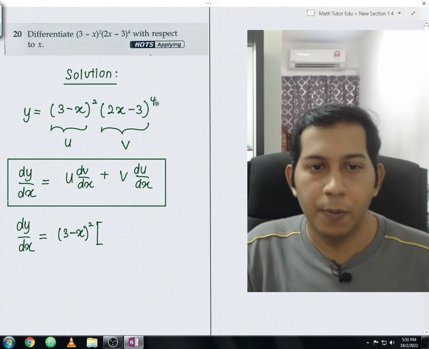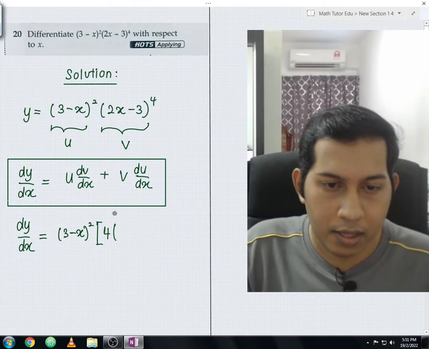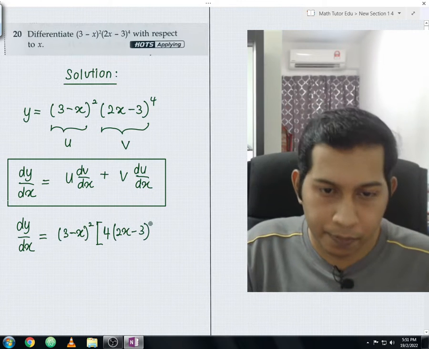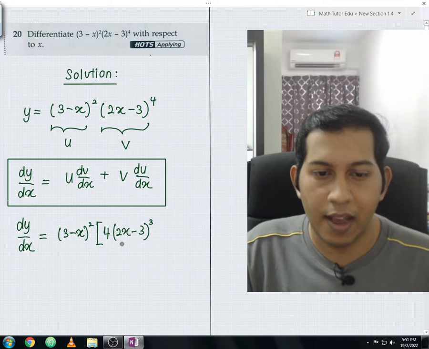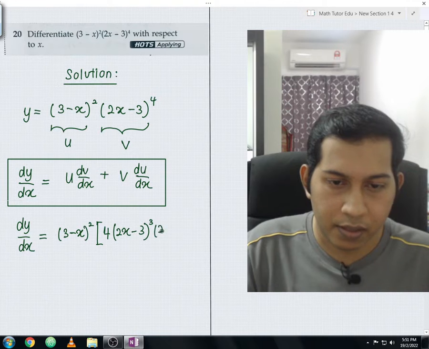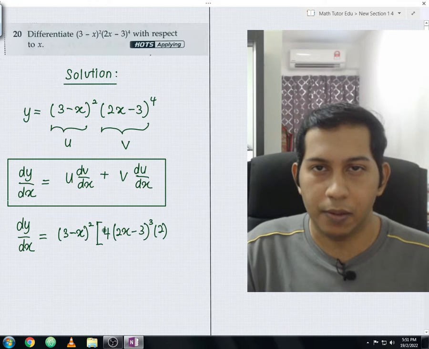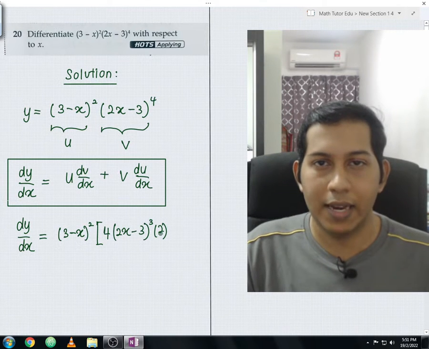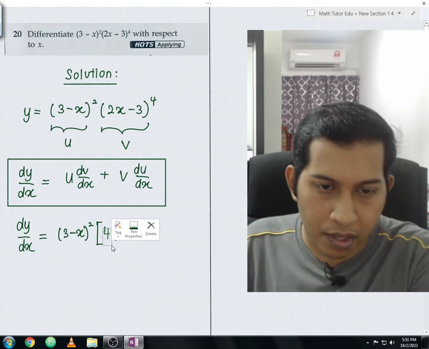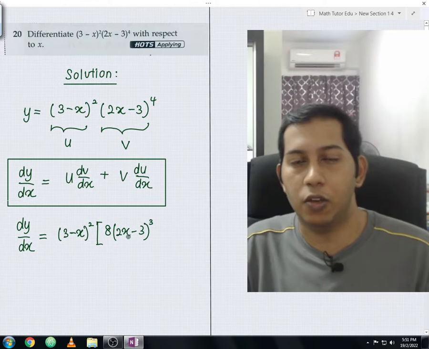So from here 4 you times in, and then inside the bracket you have 2x minus 3, the power you minus 1, so you only left with 3, and you still have to differentiate the expression inside the bracket, so in this case is 2. Later on the 2 will times with 4 over here, so 4 times 2 you get 8. So dv/dx, technically it is equal to 8 in a bracket (2x minus 3) cubed.